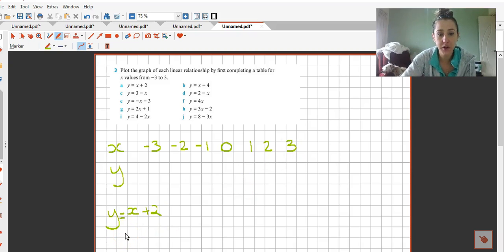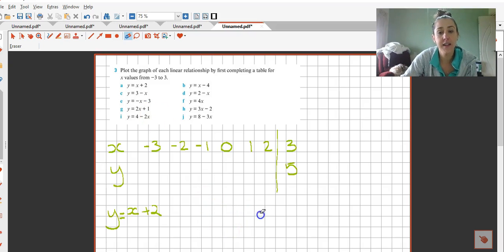So all we do, like we did before, is y is equal to our x value, 3 plus 2. And we just work through and solve. So 3 plus 2, of course, is equal to 5. So where x is equal to 3, our y is equal to 5. And we just put a 5 in there. Okay, and then we move down.